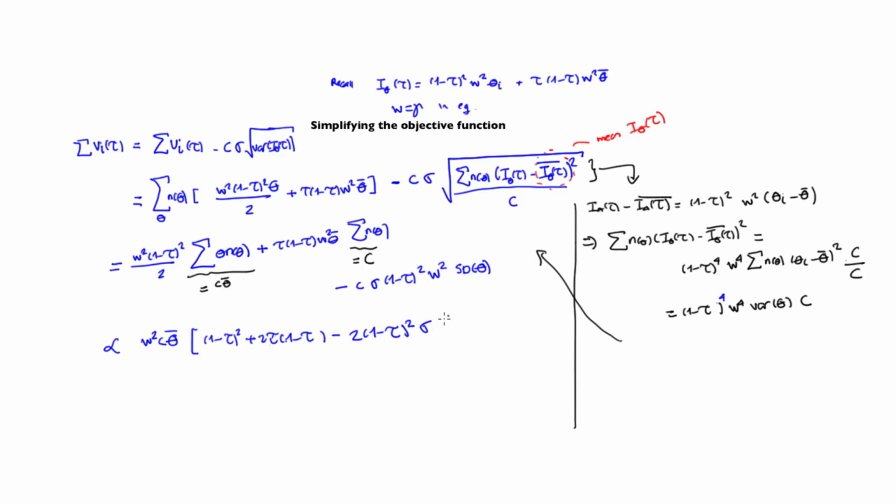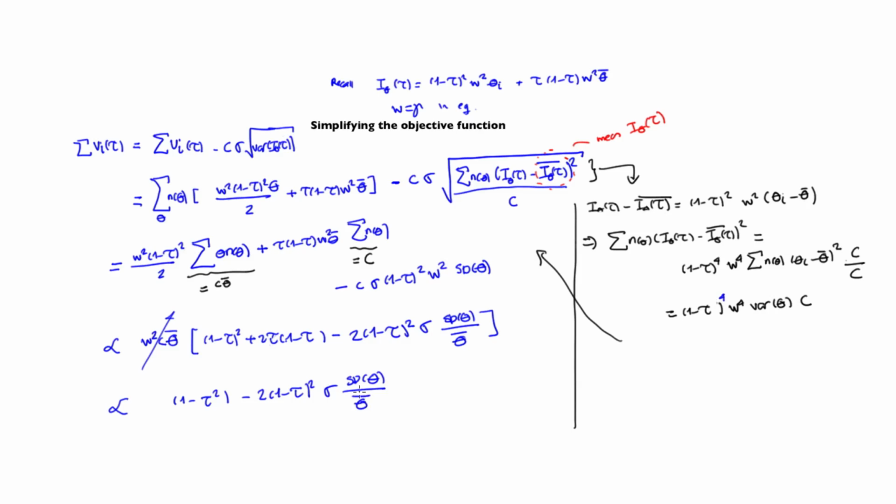Notice that this statistic is still a measure of dispersion. Now, the solution to this maximization problem is going to be equal to the solution to this, and we can take this out. It is equivalent to the solution, with a little bit of algebra, of the maximization problem of maximizing (1 minus tau) square minus 2 (1 minus tau) square times sigma, the standard deviation of theta divided by theta mean.